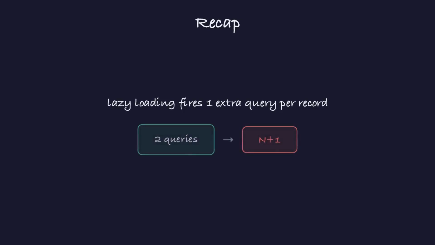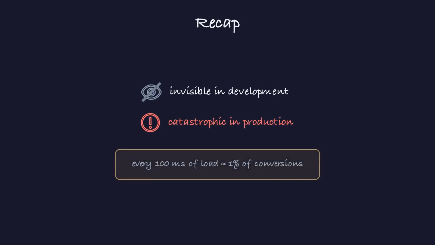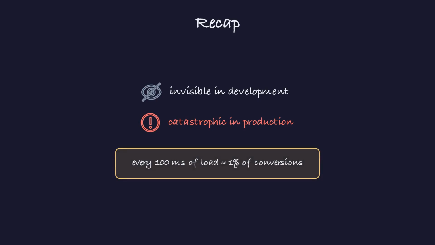So altogether, the N+1 problem is an ORM's lazy loading firing 1 extra query per record in a collection, turning 2 queries into N+1. It's invisible in development and catastrophic in production. And it matters. Every 100 milliseconds of page load costs you roughly 1% of conversions.